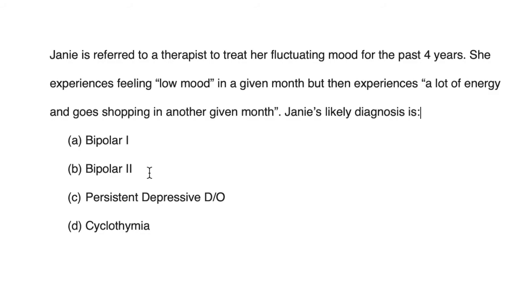So there's 4 years of her mood fluctuating, and again, it's a 2-year criteria minimum. And because of the 2 years, and the symptoms aren't as severe as bipolar 1 or bipolar 2, and she is experiencing both the inflated mood and the low mood, we would say that this is cyclothymia. So option D is going to be your answer.